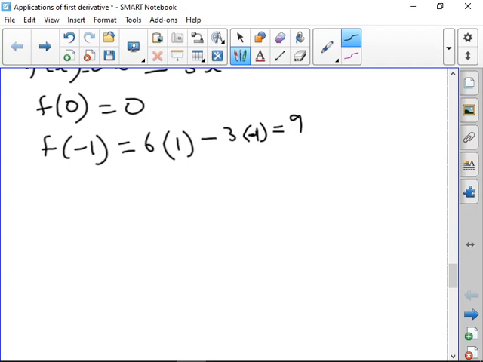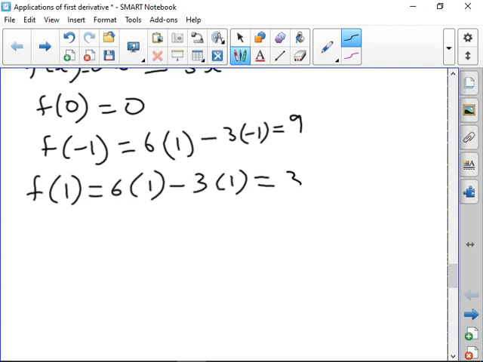Therefore, we get 6 plus 3 which is equal to 9. Is it clear? Okay. Then what about plus 1? 6 into 1 minus 3 into 1. So, it is equal to 3.